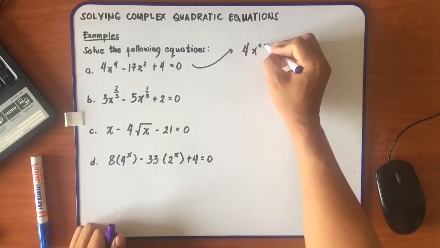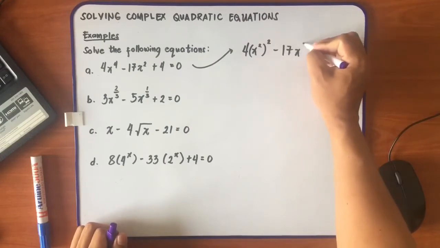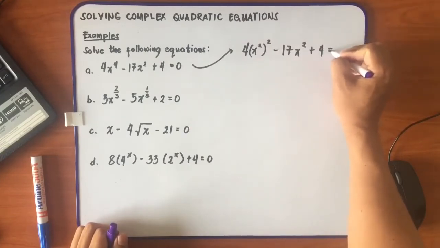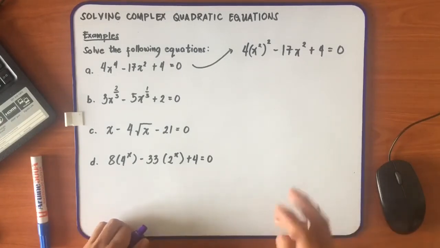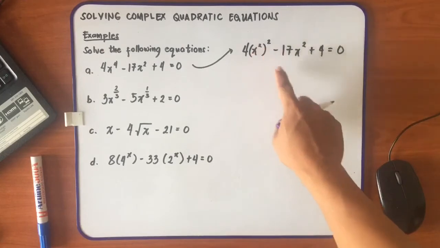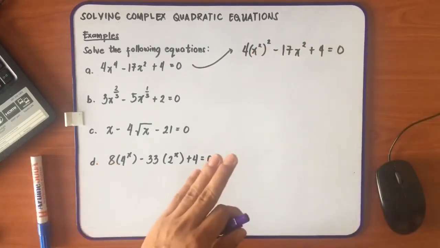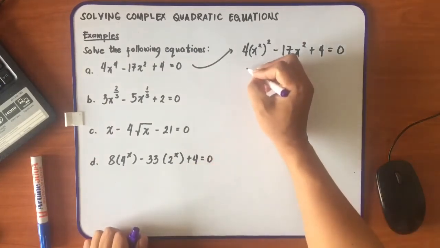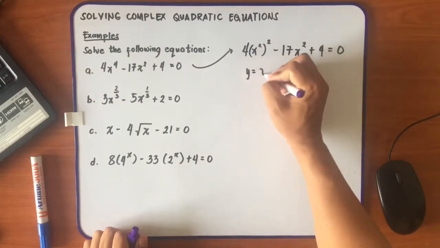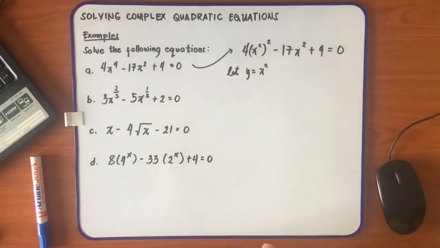Next. So if that is the case, this can be 4x to the power of 2 to the power of 2 minus 17x to the power of 2 plus 4 is equal to 0. Since it will be like that, I can substitute x to the power of 2 with any variable that I want. So I will just let y be x squared.